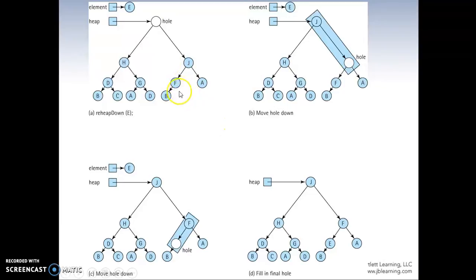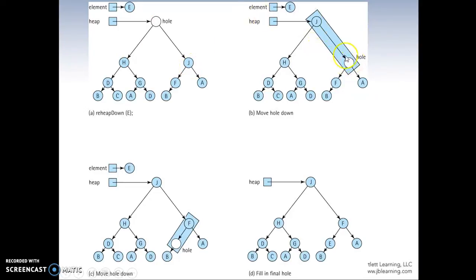We just take E from here to keep the shape property, so we have E here. So E starts to compare. First we have to look at if we should reheat to the left or right. So among these three, we know that J is the greatest.